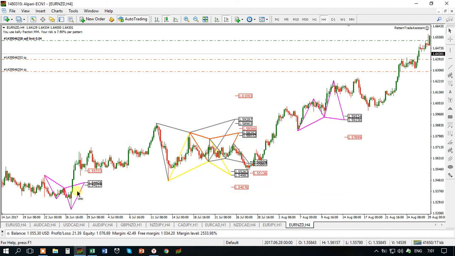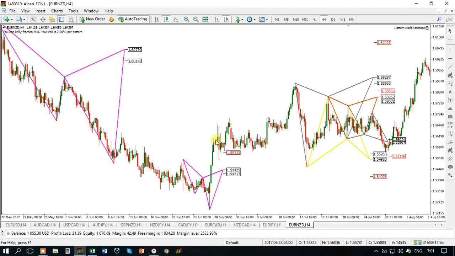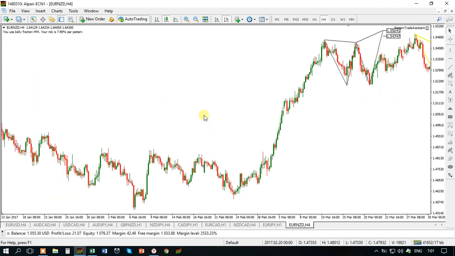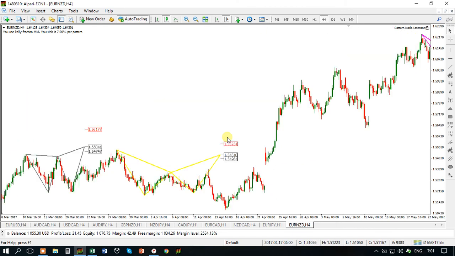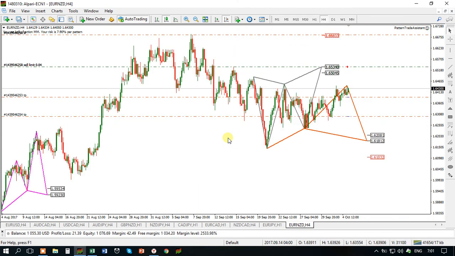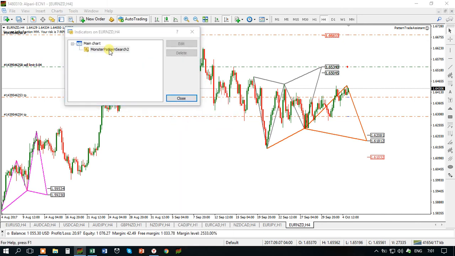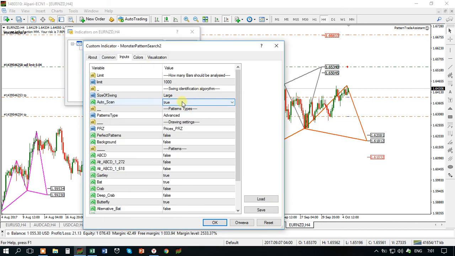So absolutely objective. If it is a loser, it is a loser. You aren't fooling yourself by showing only winners. If the pattern completed, if the pattern didn't complete, they all are shown here. So let me disable auto scan. False. Let me go back to 50.